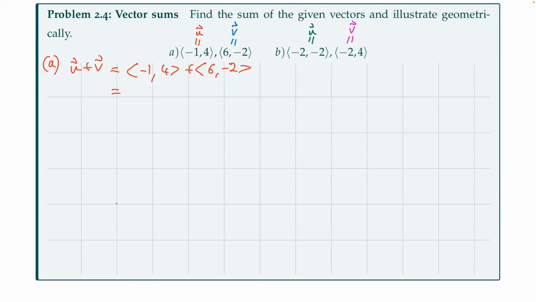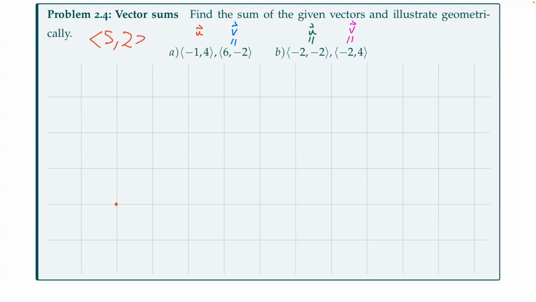So we're going to have -1 plus 6, which is 5, and 4 minus 2 is 2. So this is going to be our vector here. If I start drawing it, I'm going to run out of space here, so I'm just going to erase this. We're going to want a vector that's 5, 2.